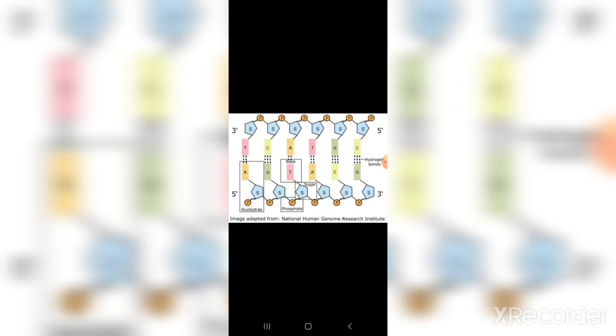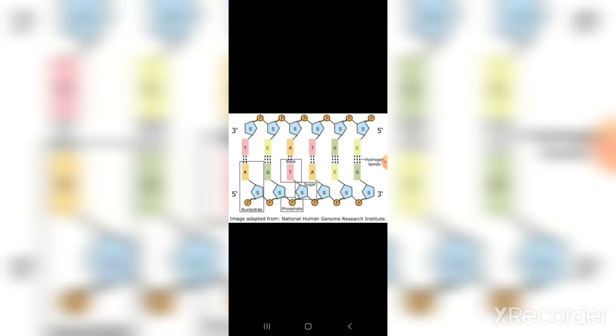Now the structure of one single strand of DNA is called 5' to 3'. What is this 5' and why this 3'? You need to know. The 5', that means we know that in the fifth carbon the phosphate is attached. So in the first nucleotide the phosphate is free, that's why it is 5'.